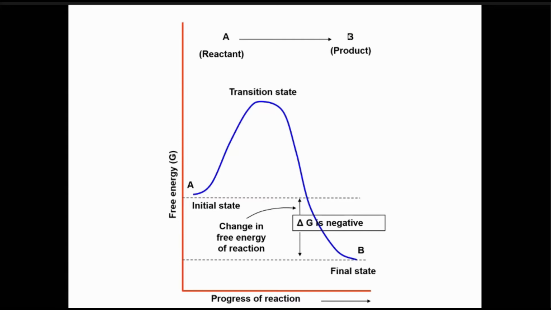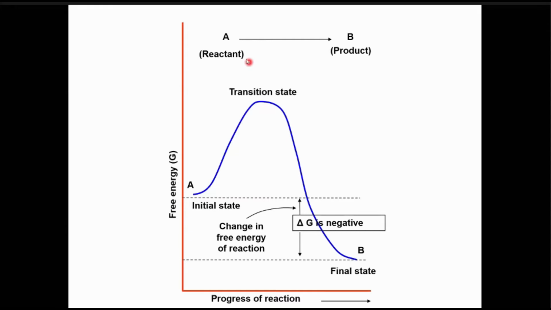As I mentioned before, I expect you have this in your prerequisites: you know what a reaction is, what a reactant is, and what a product is. If you look at the top, A is a reactant. Let's say this is glucose, and the product may be carbon dioxide.